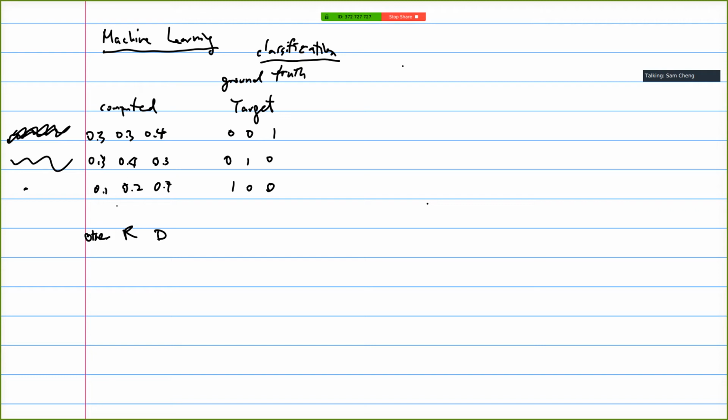For the third one, it predicts Democrat, but the ground truth says it's not Democrat, but maybe some other party. So this one is incorrect. So I have some correct results and this incorrect result. Let's say this is the prediction from system A.